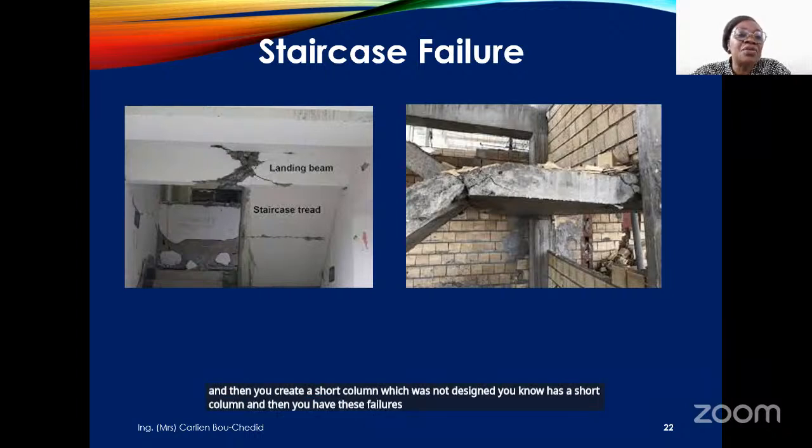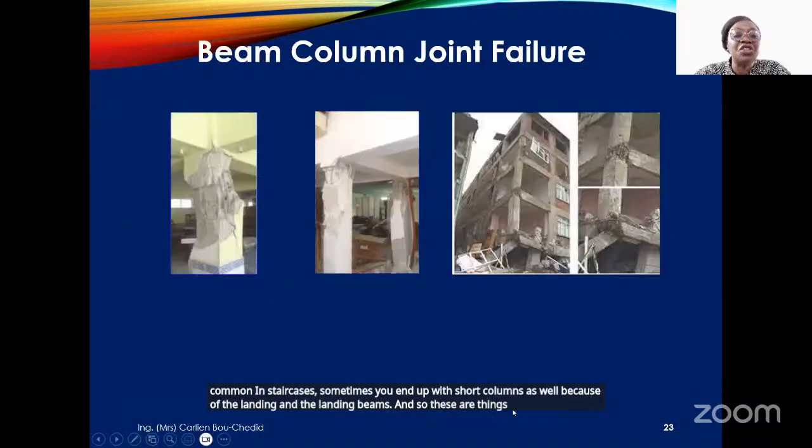Staircase failures too are pretty common. In staircases, sometimes you end up with short columns as well because of the landing and the landing beams. And so these are things that need special attention.